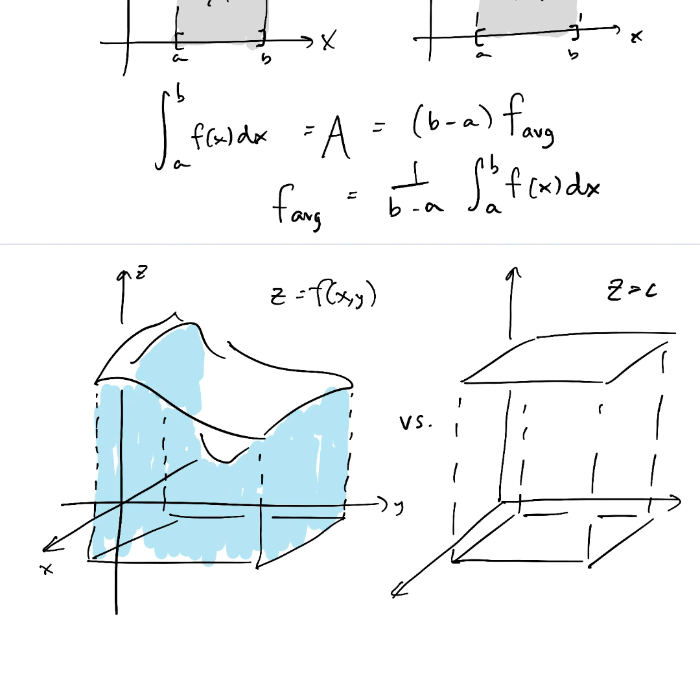And if you want that to match this perfect, nice, easy prism shape where the height is the same everywhere, then you could arrange for it to match by putting the height of that rectangular prism at just the right spot. And that spot is called f average.